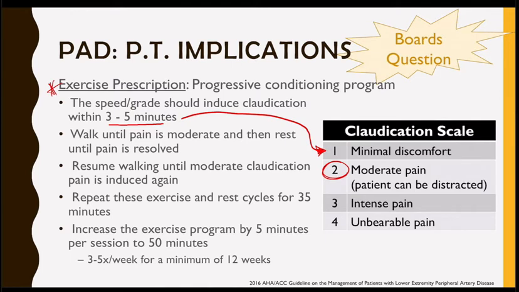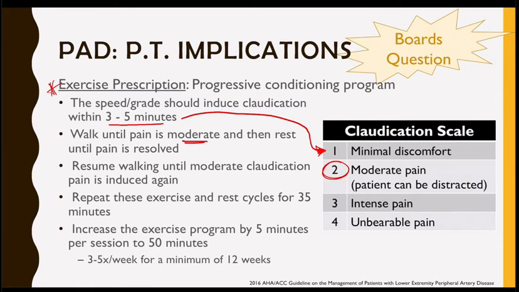Now, this is still the documented protocol, but as you see in your notes, I have a little subheading there to put it on your radar that the newest studies coming out are showing that the best results of this exercise program are achieved if at this stage, instead of going to moderate, you have them walk to near maximal pain.